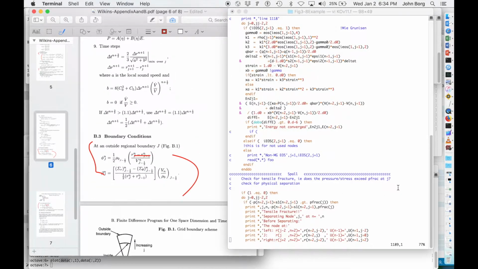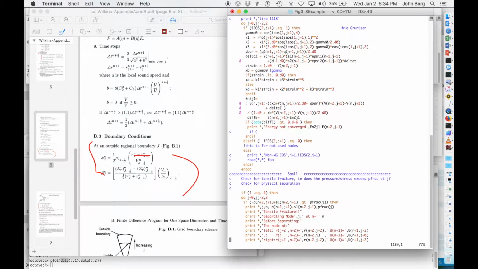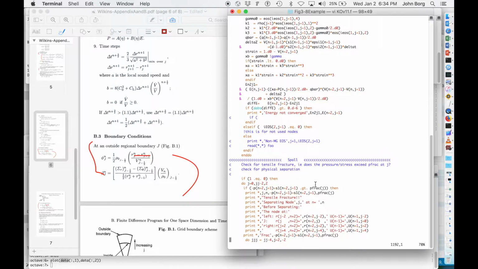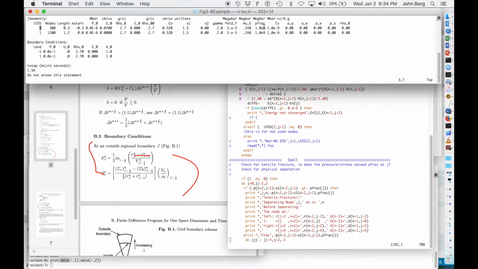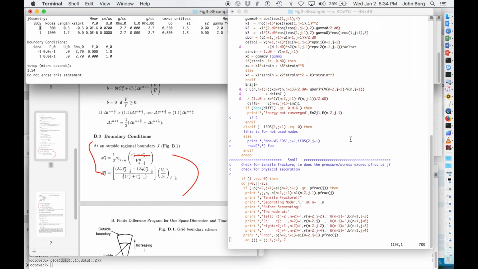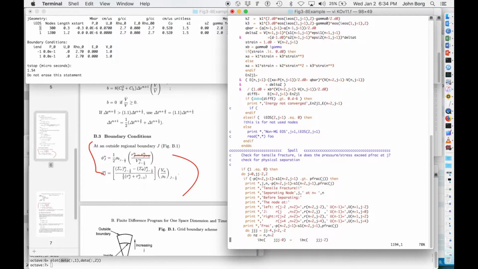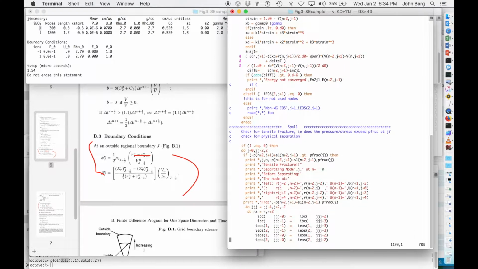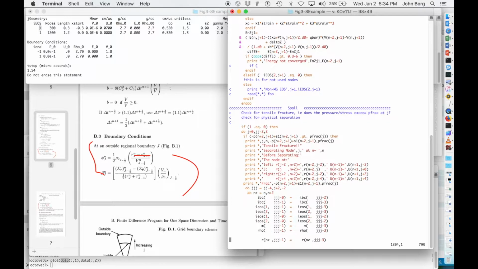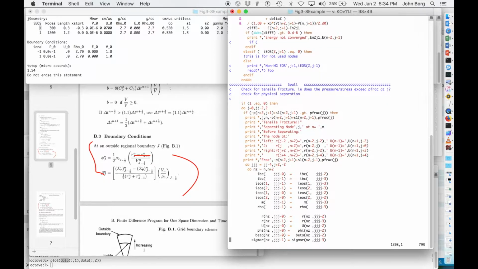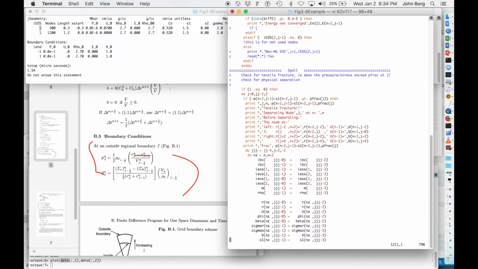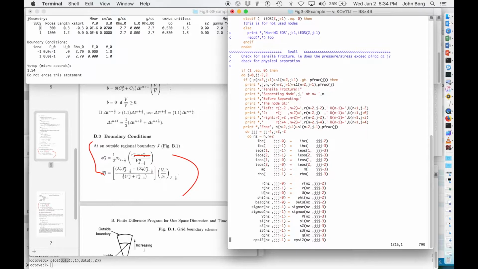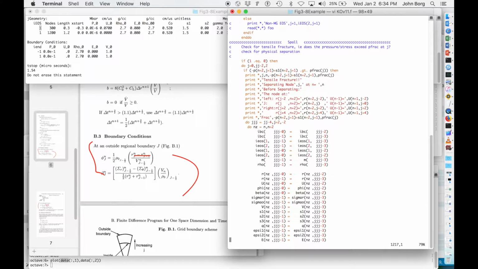And I compare it to the pfrac value that you put into the input file here. And so if you exceed this value in megabar, then it will separate the material. So a central difference node will get turned into a left and right node. And you have to do the shifting again of the indices, which you can see is what I'm doing through this section of the code.